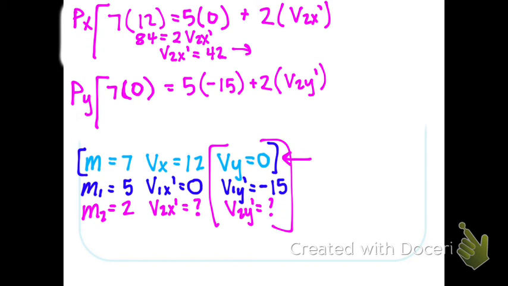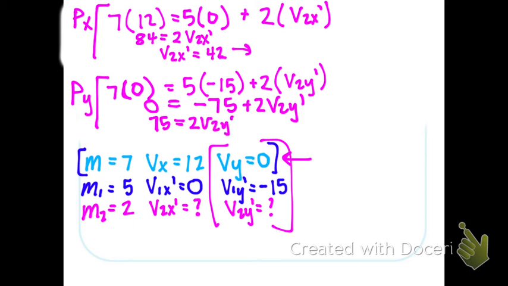So that'd be negative 75 plus 2 V2y prime. All of that equals 0. So I'm going to add 75 to the other side and then divide by 2. And I get 37.5. And that's going to be in the positive direction. V2y prime equals 37.5 in the positive direction.